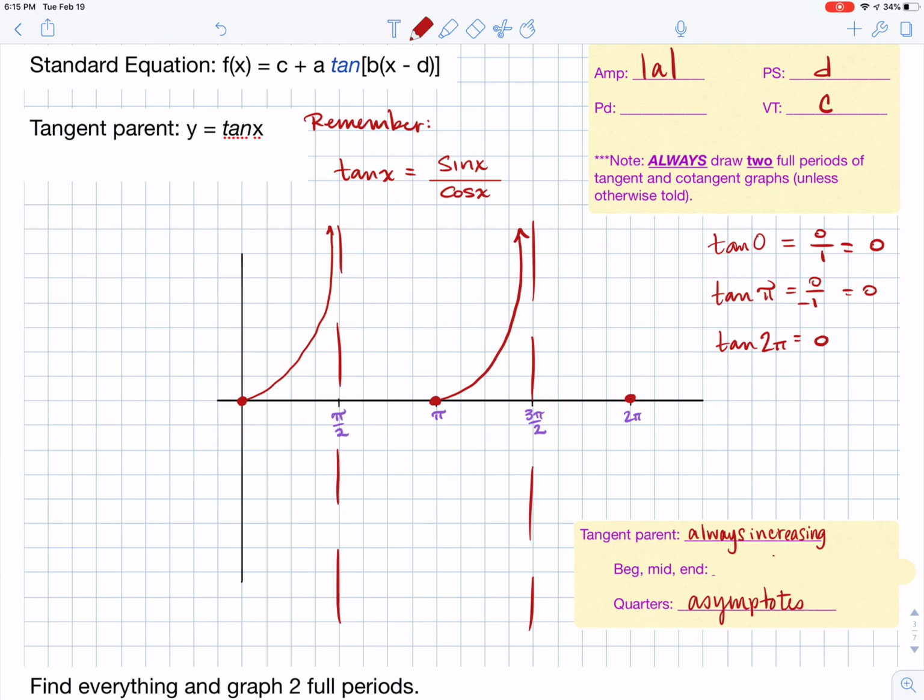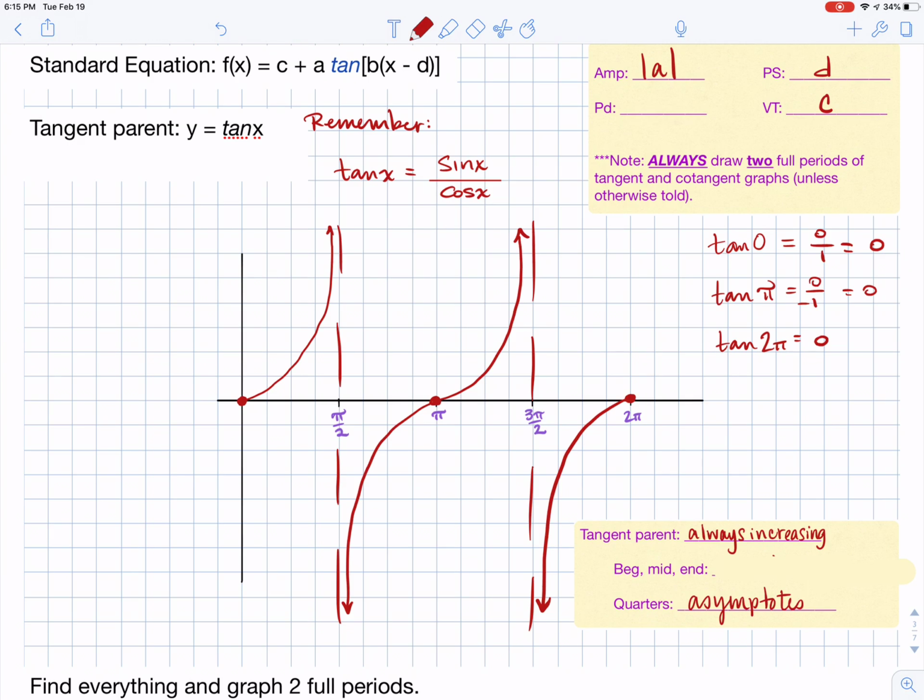It's always going uphill. And so the rest of this, now I realize that it looks like I graphed that downhill, but if we read that from left to right, it is going from the bottom to the middle. So that's still going uphill. Go ahead and repeat that exact same curve for the second part of your period.